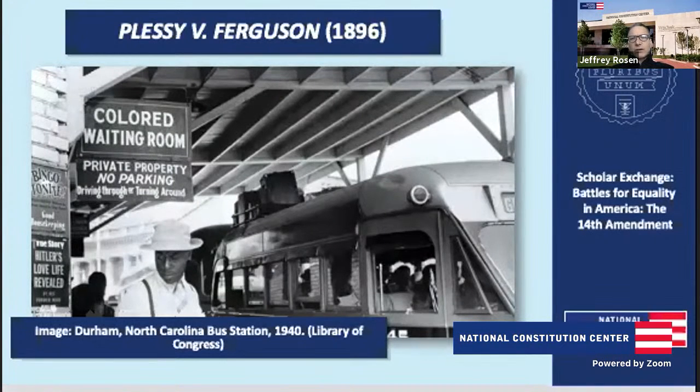Can you imagine the indignity, after we fought the Civil War to guarantee equality and equal privileges or immunities and equal protection of laws, that forced African Americans to be separate from white people?